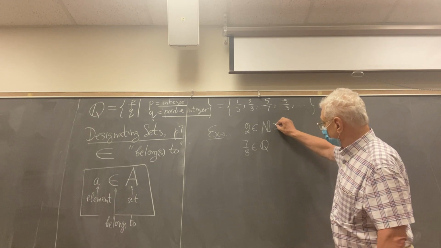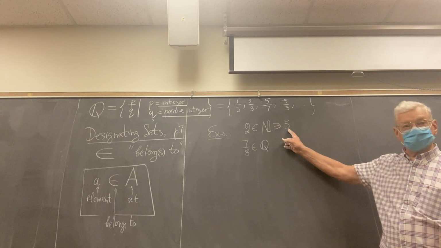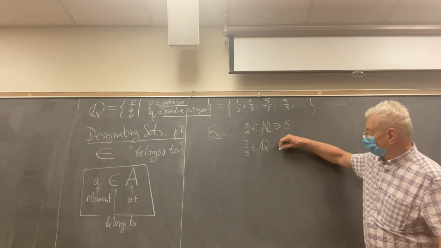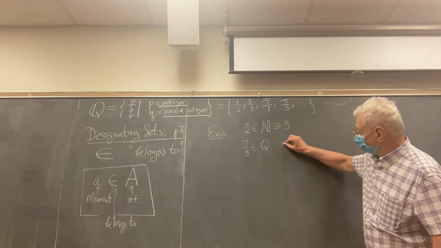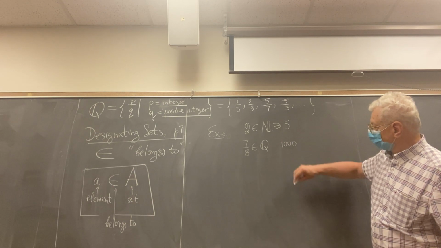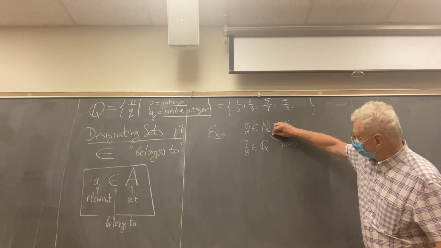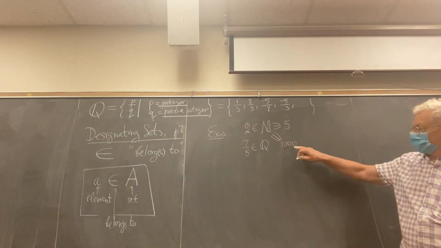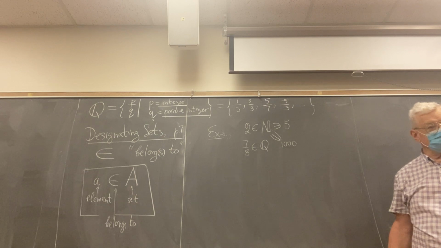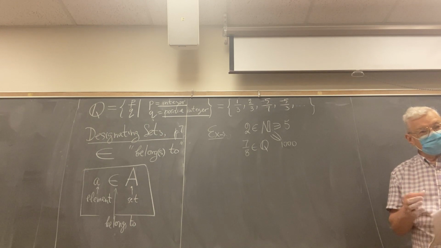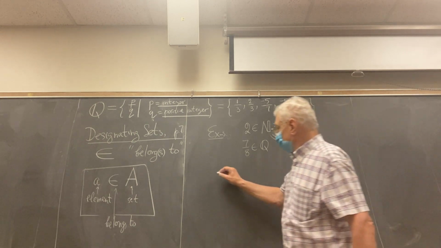I write in that direction. You see, kind of 5 less than N. 5 belongs to that. After that, I want to write that 1,000 belongs to, but I write it in here. I have to write this way, like an arrow. So 1,000 belongs to N.